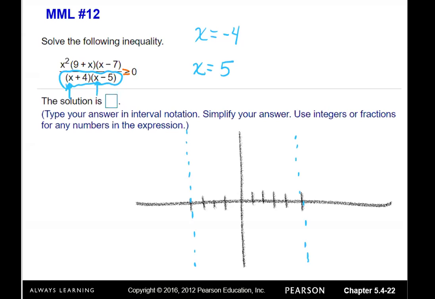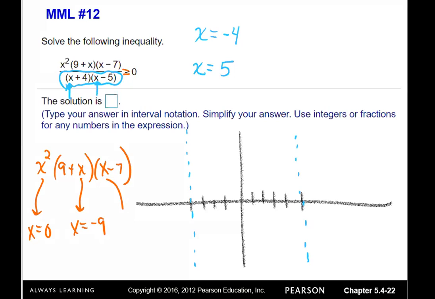And then all you'd be left with is the numerator. So the numerator is going to give you the zeros, which are your x-intercepts. And so it's going to cross the x-axis, or at least touch the x-axis at 0. This one will be -9, and this one will be +7.